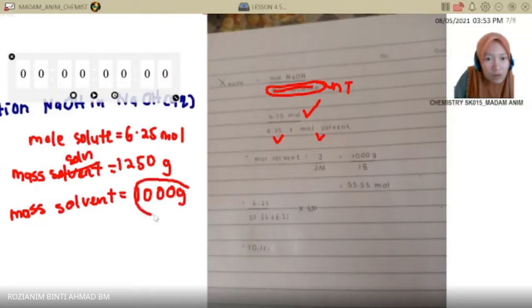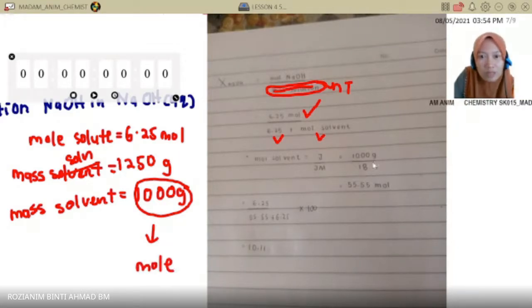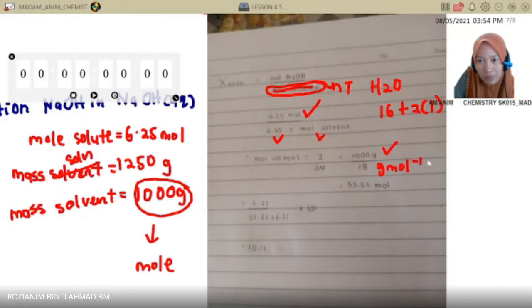So you just convert 1000 gram into mole: 1000 divided by the molar mass. Why 18? Because water: 16 plus 2 times 1, gram per mole. So the mole of water is 55.55 mole.